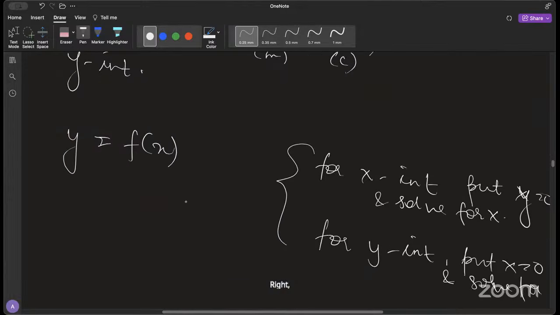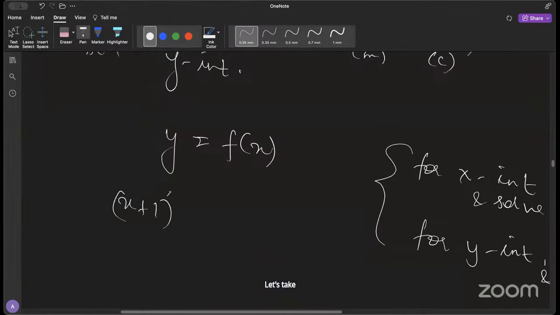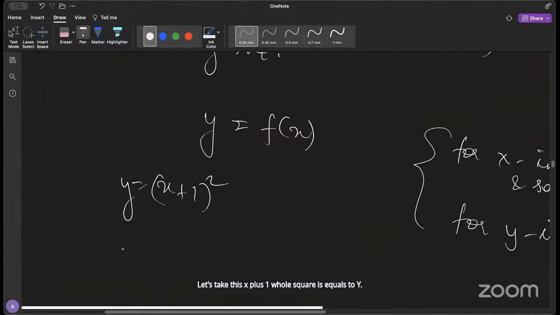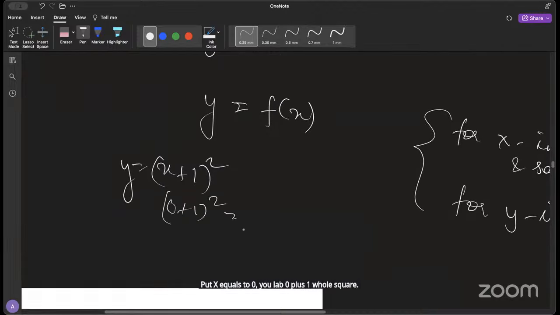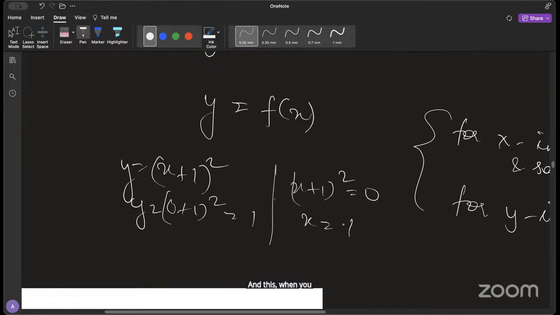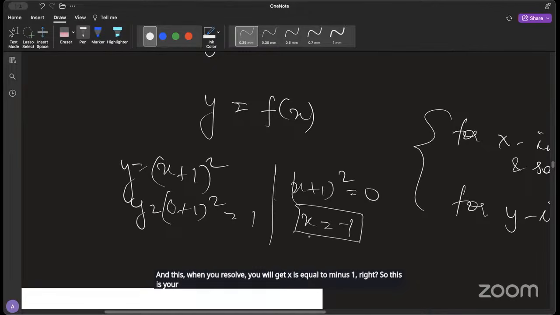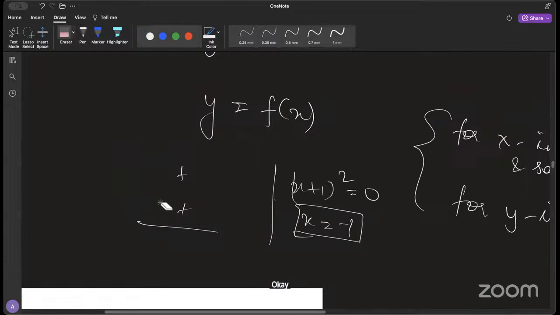For example, let's take (x plus 1) whole square equals y. To find the y-intercept, put x equals to 0, you'll have (0 plus 1) whole square, so y equals 1. So your y-intercept is 1, or in points, (0, 1). And what's your x-intercept? Put y equals to 0. You'll have (x plus 1) whole square equals to 0, and when you solve, you get x equals minus 1. So this is your x-intercept and this is your y-intercept. Is this okay? Okay, ma'am, got it.